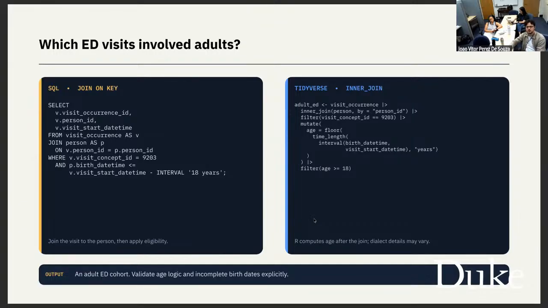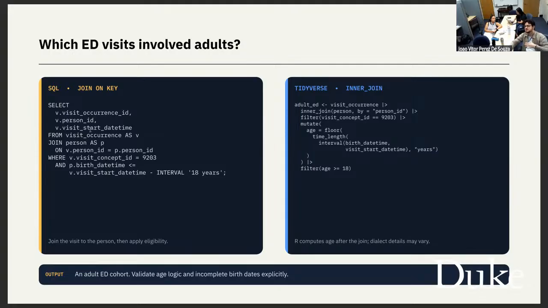Similarly, if you go into a more in-depth question: okay, from these ED visits, how many of them were for adults? The challenge now becomes that your data for age is not on your encounter, because age is related to the patient, it's a person, so it's going to be a different data table.